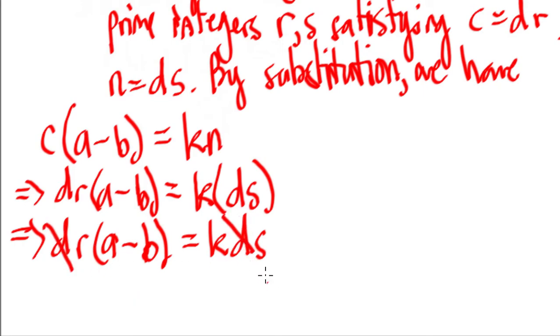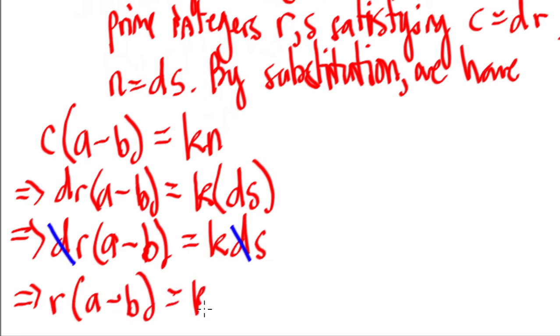This cancellation for equality is true, because we can cancel something that is the same on the left-hand side and the right-hand side. So what is left with us is simply r times (A minus B) equals ks.